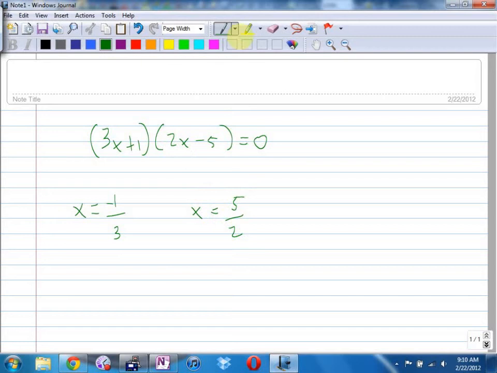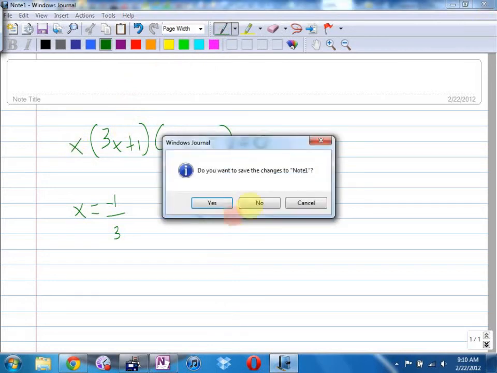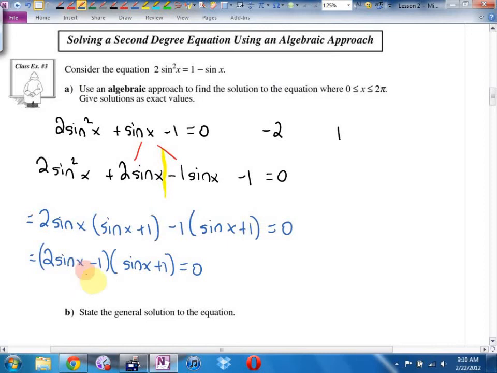What if you had just nothing there? What's the root of that bracket? Positive 5. What if you had an x in front? What did that give you as a root? 0. What are the roots? Except it's not x equals 1 over 2.